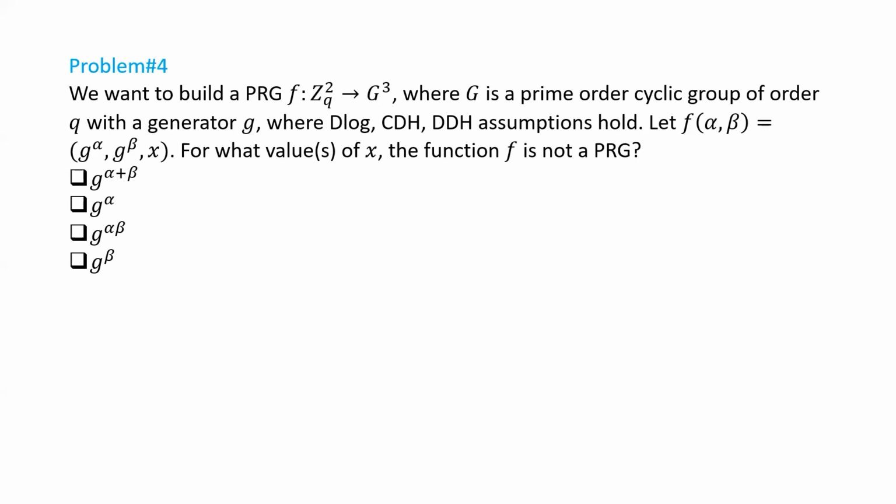Okay, so let us analyze these options one after another. If x would have been g to the power alpha plus beta, how would an adversary of the PRG game do? The PRG game is as follows: there is a challenger and there is an adversary. The challenger chooses a bit B from 0 or 1 uniformly at random.